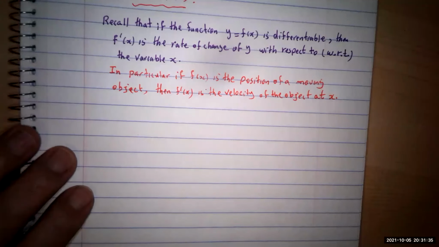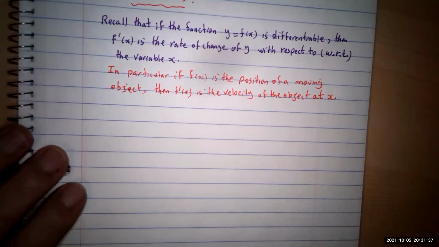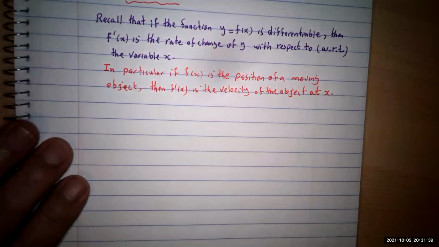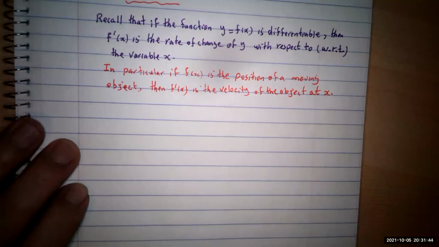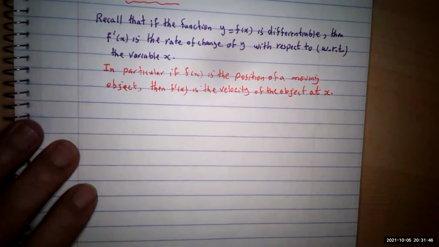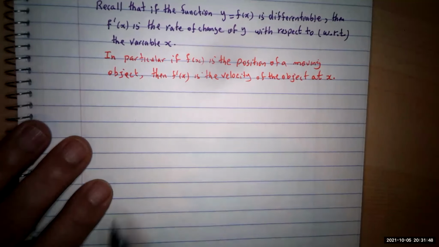Now, what is going to be the question? That's all we've been doing so far: a function of x, and we differentiate with respect to x. Now bring in the third variable. What's the third variable?